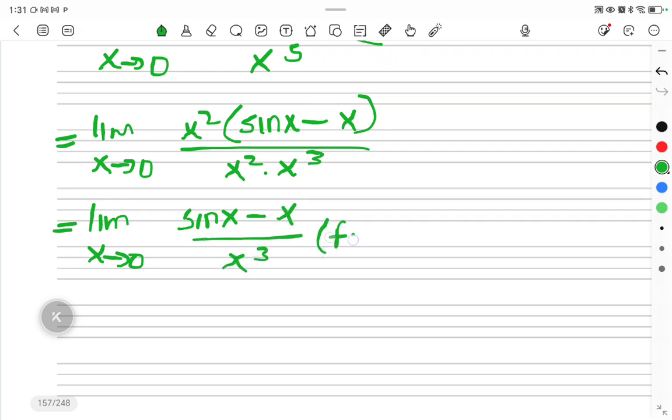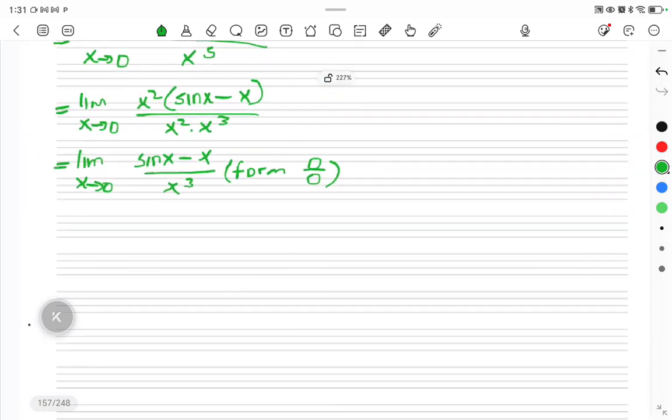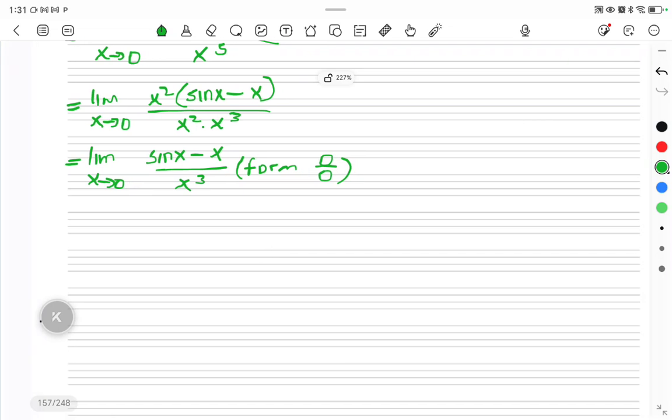Then we check the form. The form of this will be 0 over 0. That's when we can apply L'Hopital rule. The reason why I simplified this was I was avoiding the product rule. So if you're able to factor out something and cancel out, you can do that.